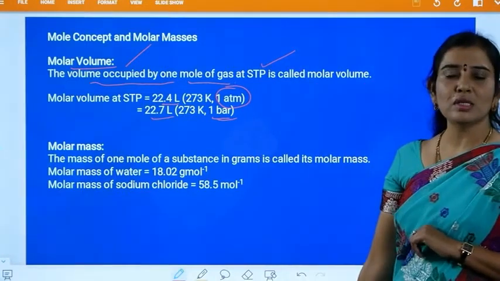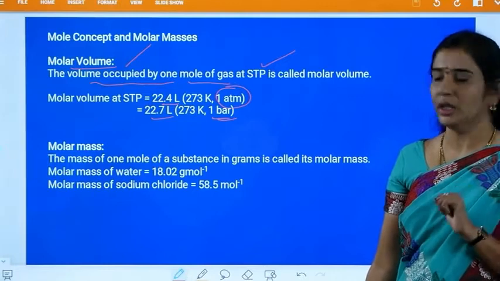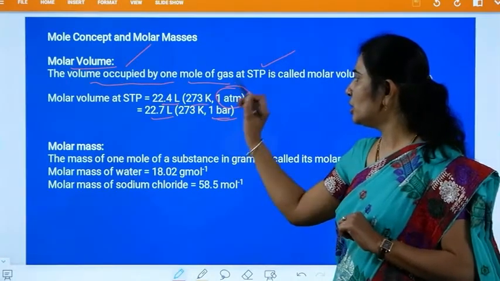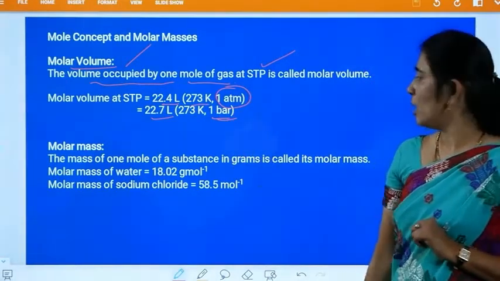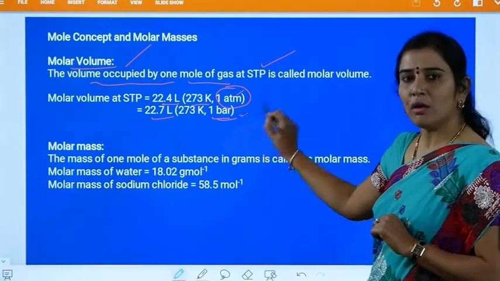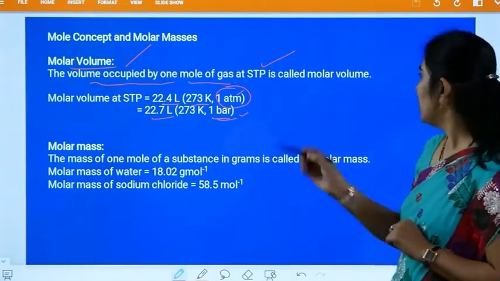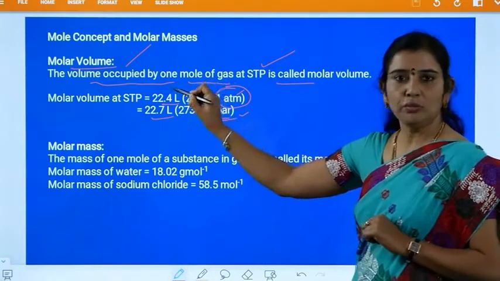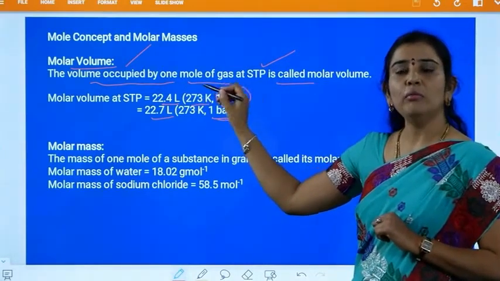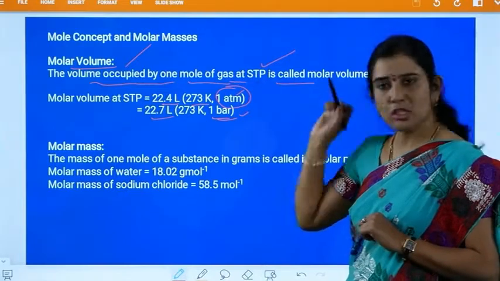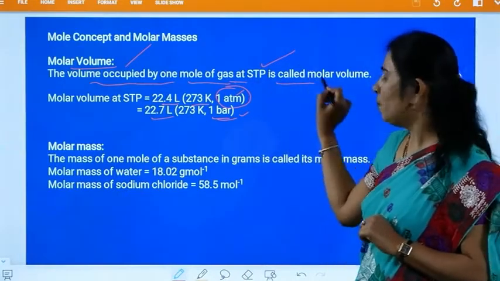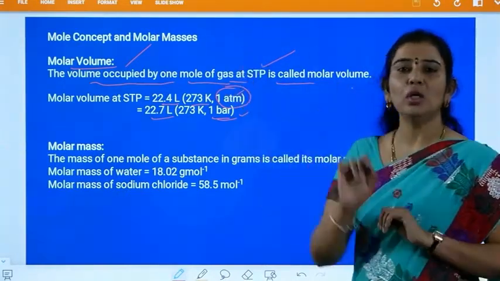So how much volume is occupied by 1 mole of gas at STP? STP means standard temperature and pressure. Standard temperature is 273 Kelvin, and pressure may be 1 atmosphere or 1 bar. The volume occupied by 1 mole of a gaseous material at STP is known as molar volume.